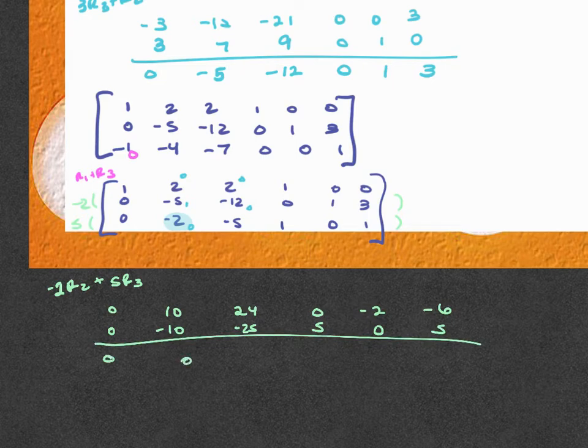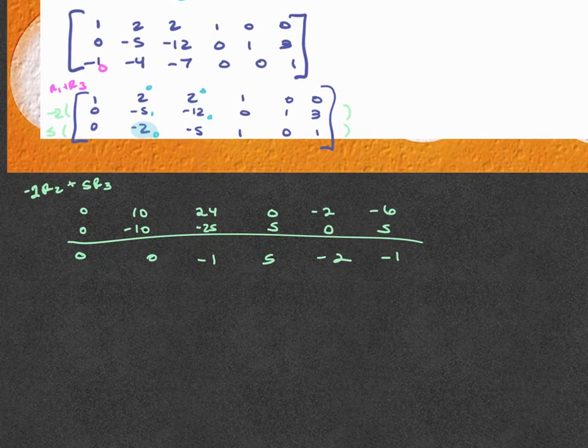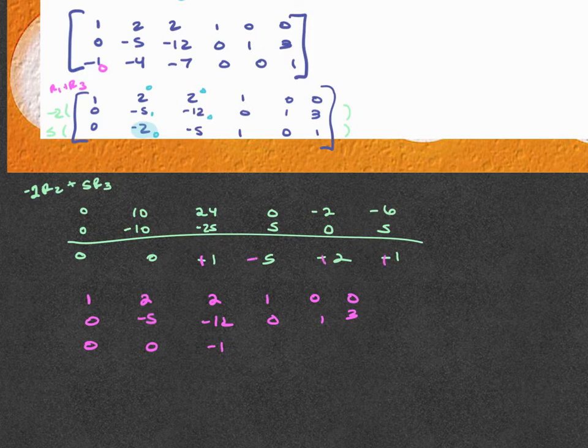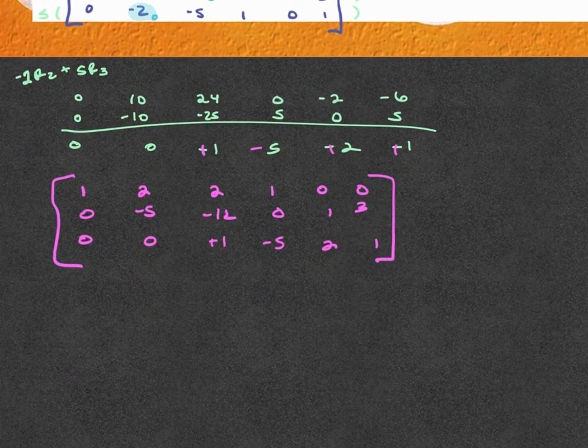I get 0, 0, -1, 5, -2, -1. And I'm actually going to just multiply by -1 right now to get rid of the negative. And now my bottom row is good.